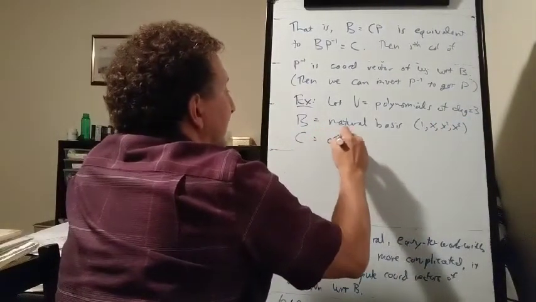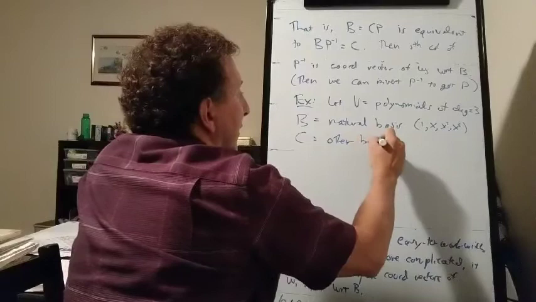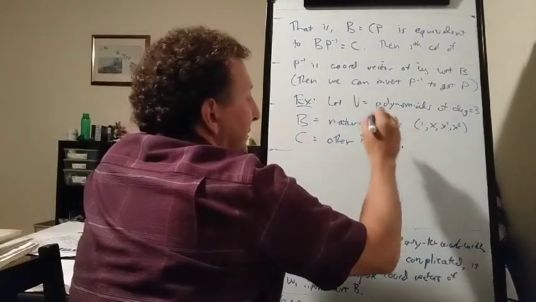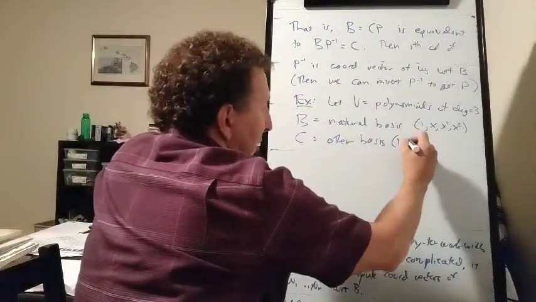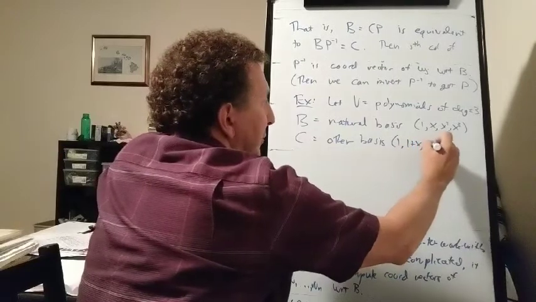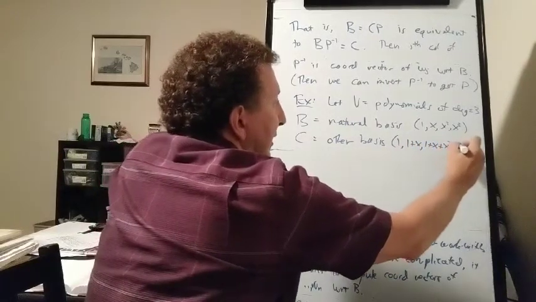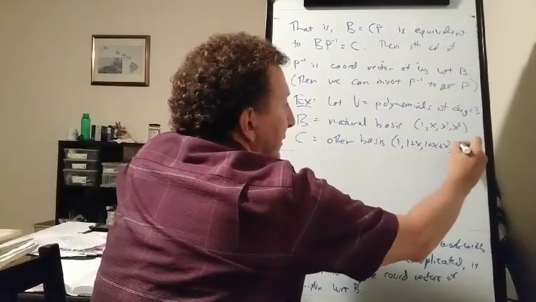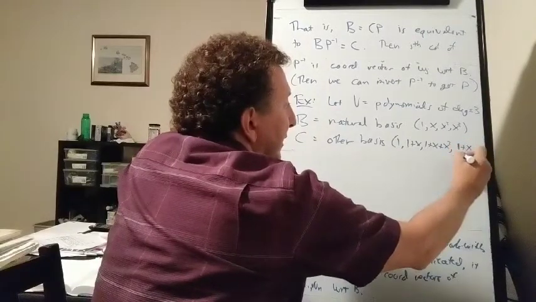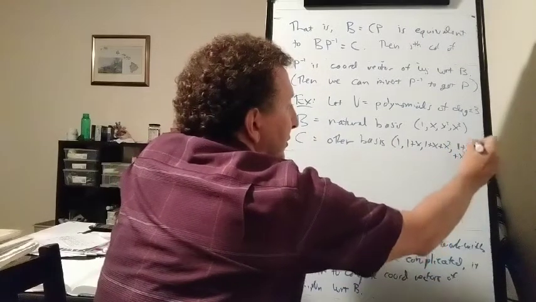and C is another basis. Not terrible, but not as nice as the natural basis: 1 plus x, 1 plus x plus x squared, and 1 plus x squared plus x cubed.